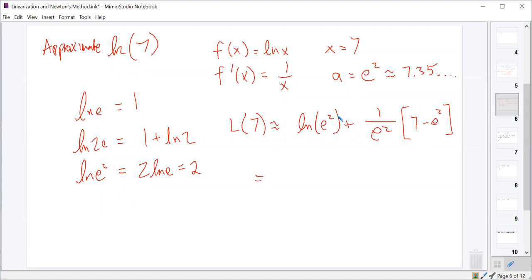Which should be natural log of e squared, as we said, is 2, and then plus 7 minus e squared over e squared. And if we wanted to, we could make that all have a common denominator of e squared.